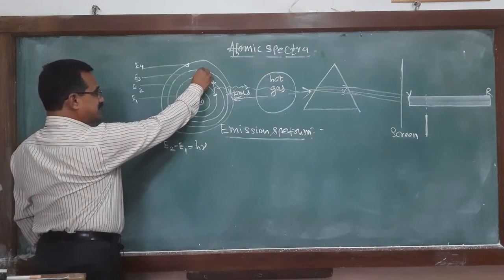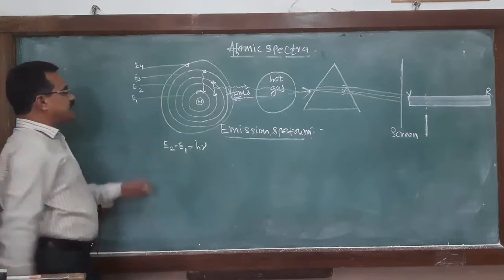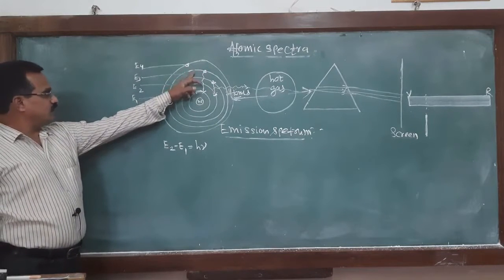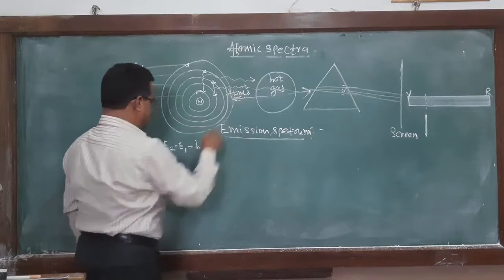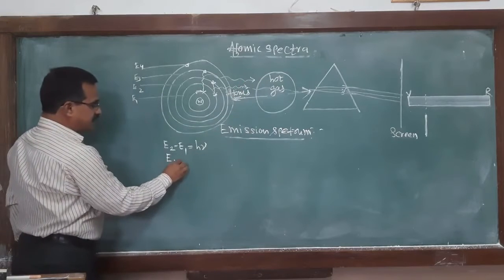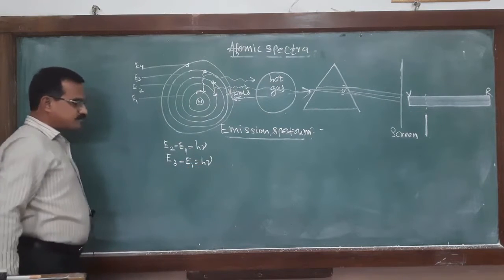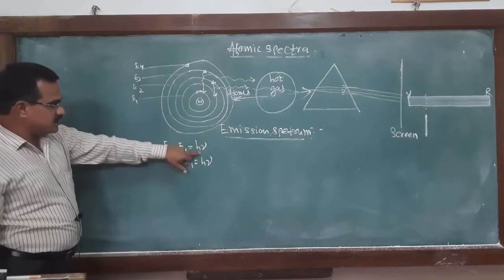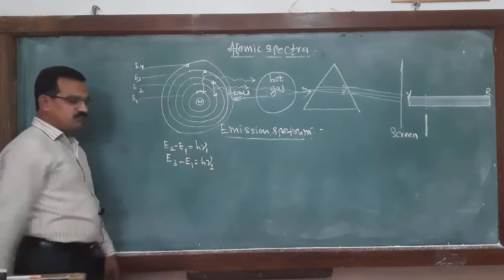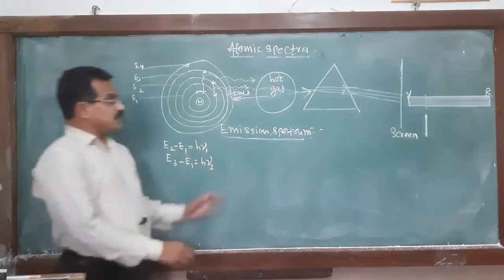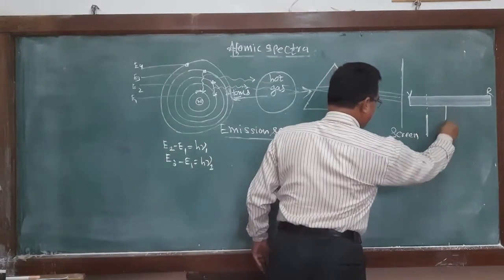Again, suppose another electron jumps from the third orbit to the first orbit. For that, again it emits radiation. Its energy is E3 minus E1, which must be equal to h mu. This energy difference and the earlier one give mu1 and mu2; the frequencies are different. So again, due to this radiation, we get another line.